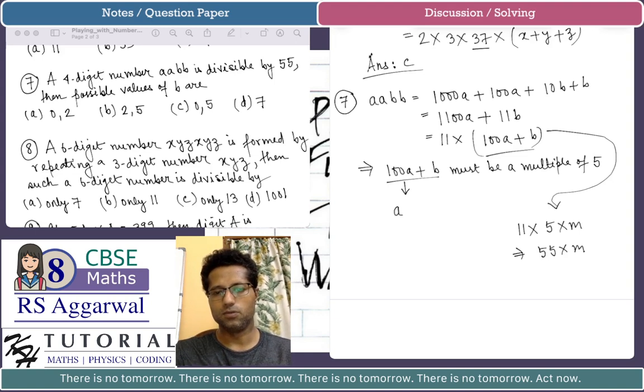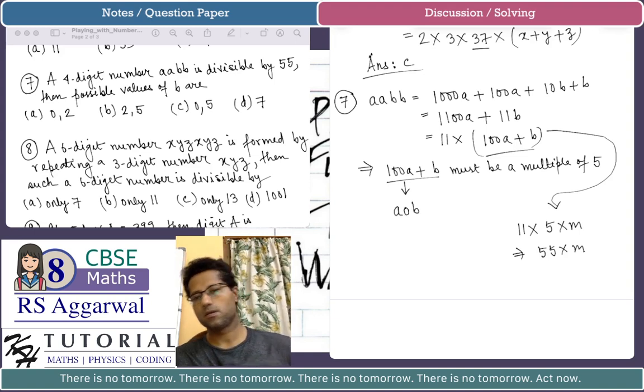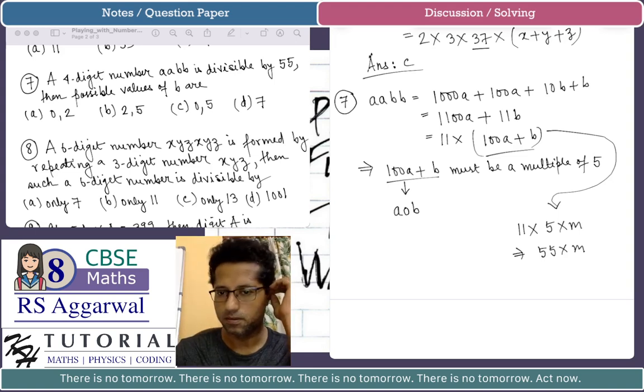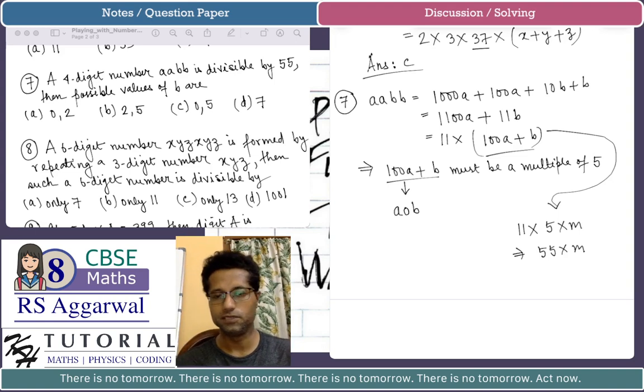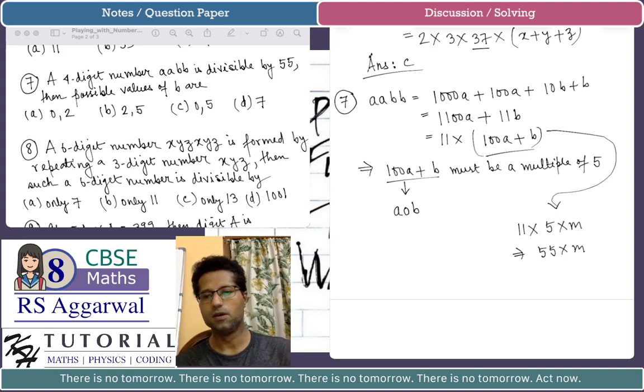We can consider it as the general form of the 3-digit number A0B, where the digit at the units place is B, the digit at the hundreds place is A, and the digit at the tens place is 0.